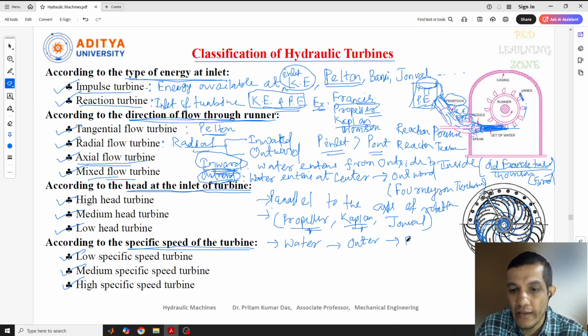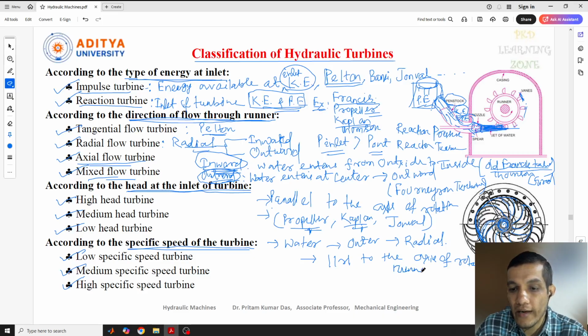And how does it leave? While leaving, it leaves at the center, and that direction is parallel to the axis of rotation of the runner.